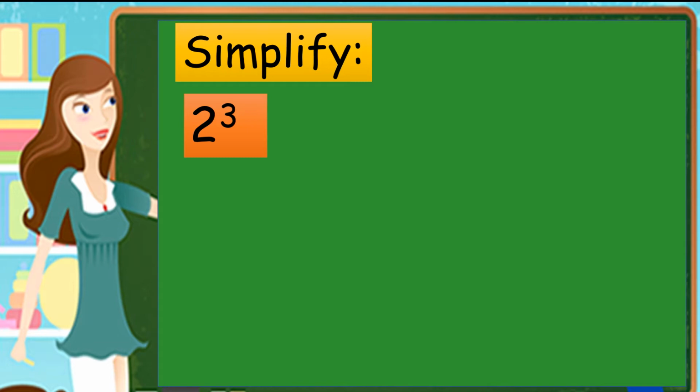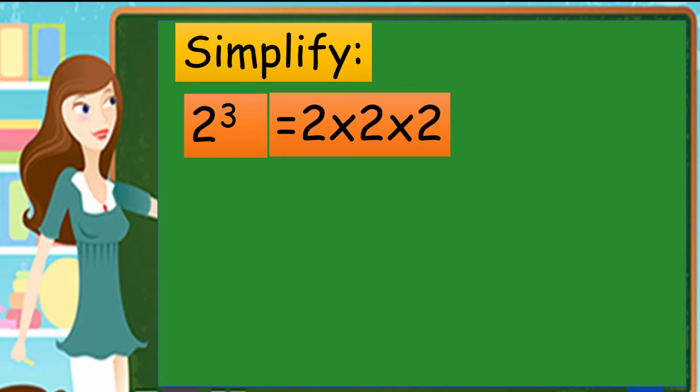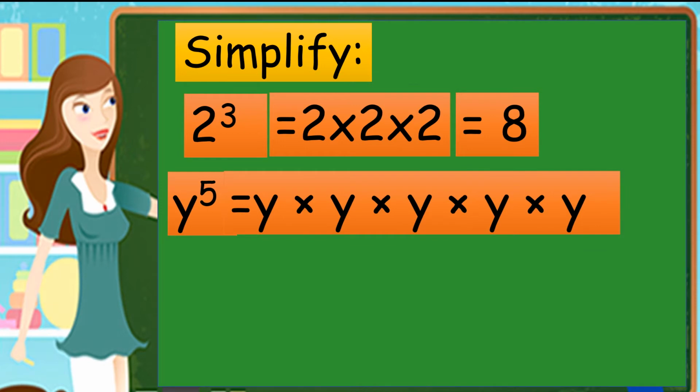So, ilang beses natin imumultiply ang 2 sa kanyang sarili or ang base sa kanyang sarili? So, 3 beses. Meron tayong 2 times 2 times 2, which is 8. Then another example, we have y to the 5th power. So, the answer is y times y times y times y times y. And the answer is y to the 5th power.